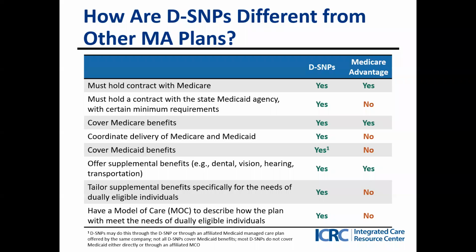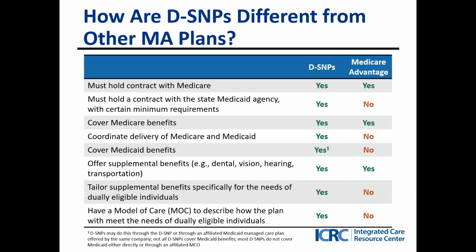D-SNPs cover Medicare benefits, and they also must coordinate delivery of Medicare and Medicaid, which is not a requirement for standard Medicare Advantage plans. In some states, D-SNPs may cover Medicaid benefits in addition to benefits coordination by offering dually eligible individuals an opportunity to enroll in aligned Medicare and Medicaid plans that are offered by the same parent company.